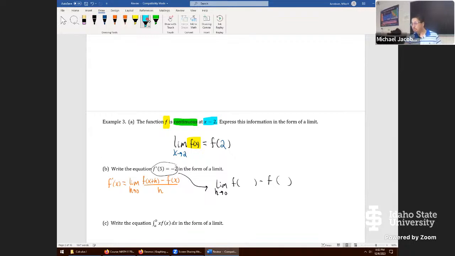And the first thing that's going in there is this 5. It's going to be a 5 plus h minus f of 5. So what we've done is, where there was an x, if we plug a 5 in there, 5 goes into this position as well as into this position where the x's were. Then the whole thing is divided by h.